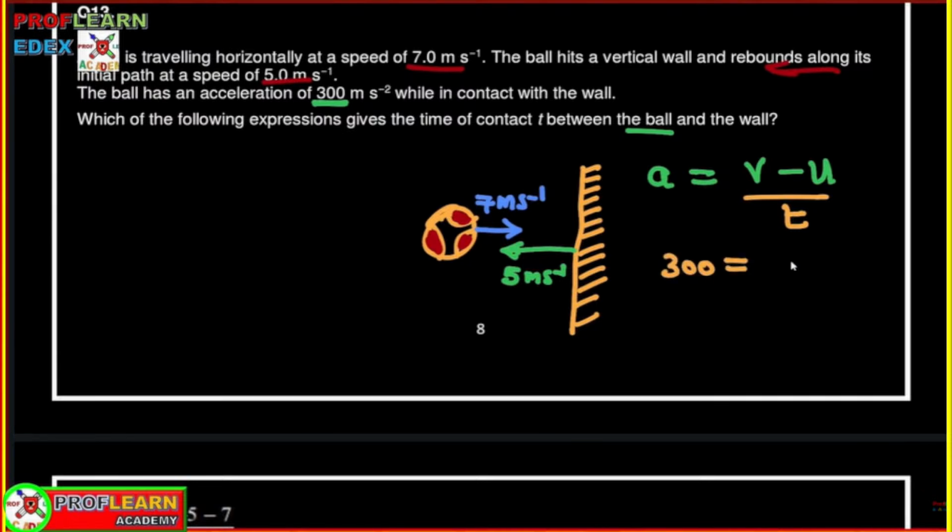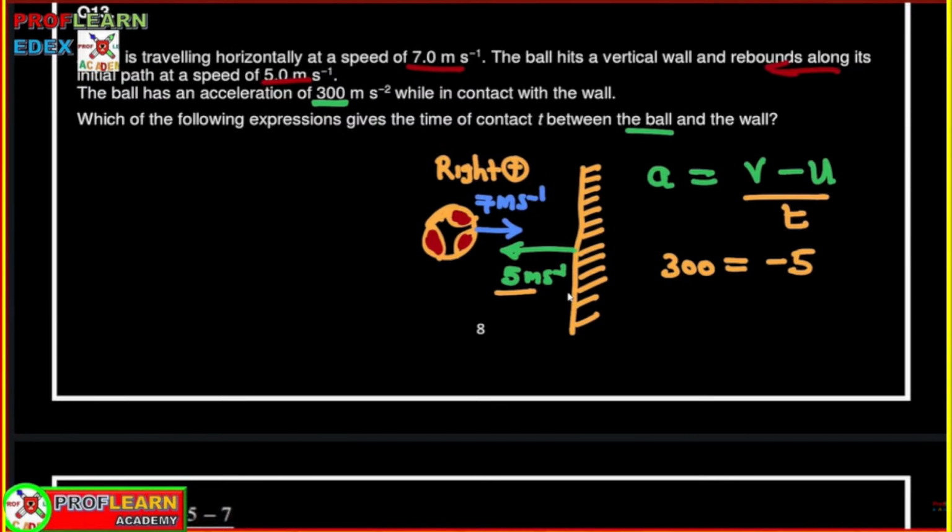So acceleration 300 equals -5 minus... we are saying -5 because we can consider the direction to the right to be positive, and to the left to be negative. So if the object was moving at 7 meters per second towards the wall, we consider that positive, but when it's moving away from the wall at 5 meters per second, we consider that negative.